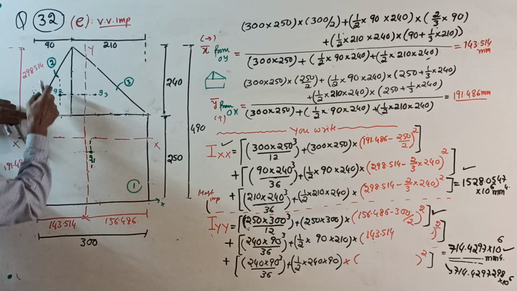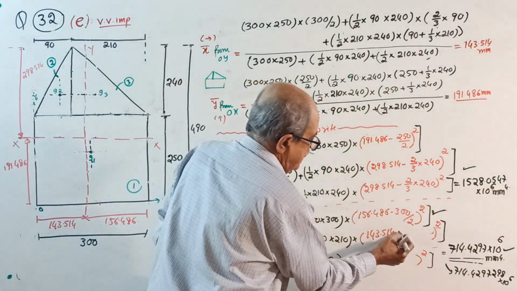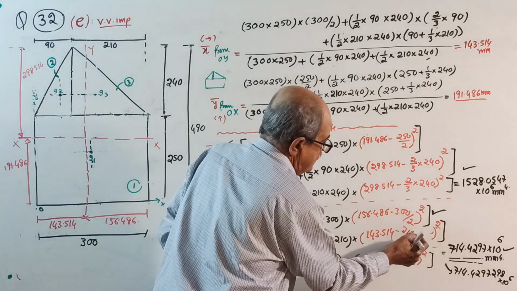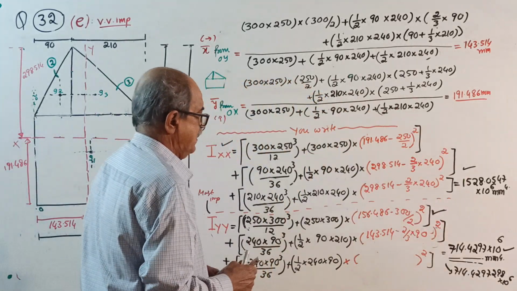That distance is 2/3 of 90, minus 2/3 of 90 whole square.